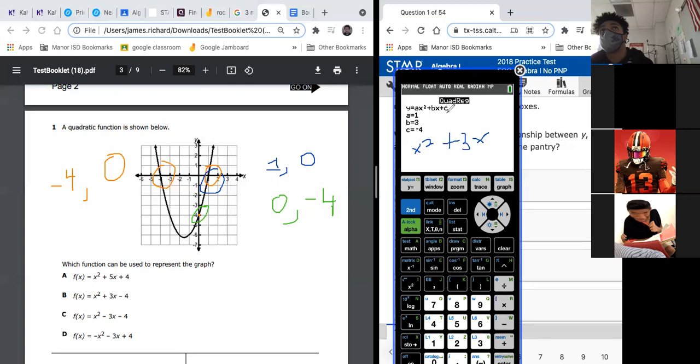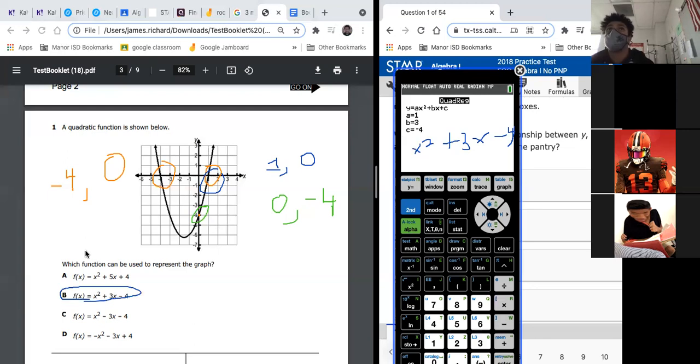So the number at the end is -4. x squared plus 3x minus 4. And then you pick the answer choice that is equal to that. So which answer choice is x squared plus 3x minus 4? I'm looking at B and C. x squared plus 3x minus 4. So B looks about right. C is similar, but it has minus 3x. The calculator said positive 3x.